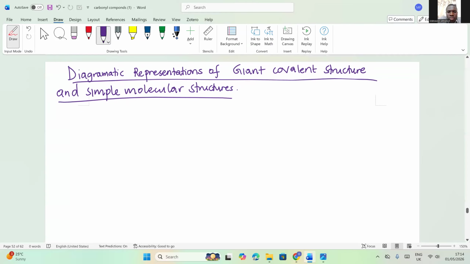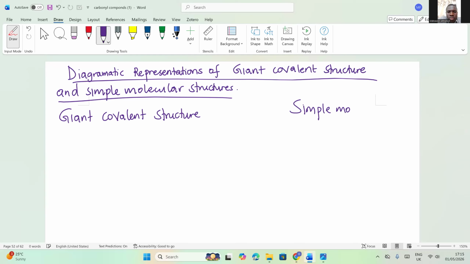So you draw these diagrams. On one side put giant covalent structure. Then on the other side you put simple molecular structure.